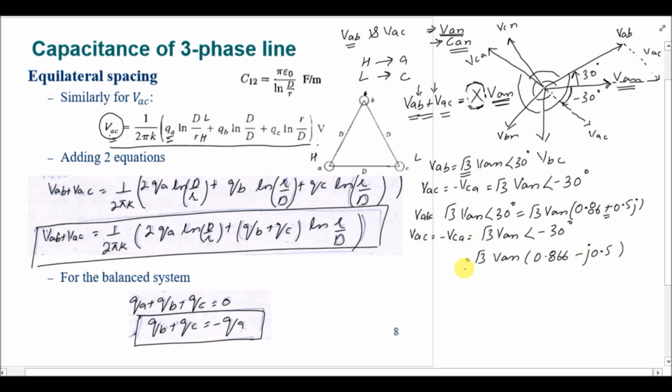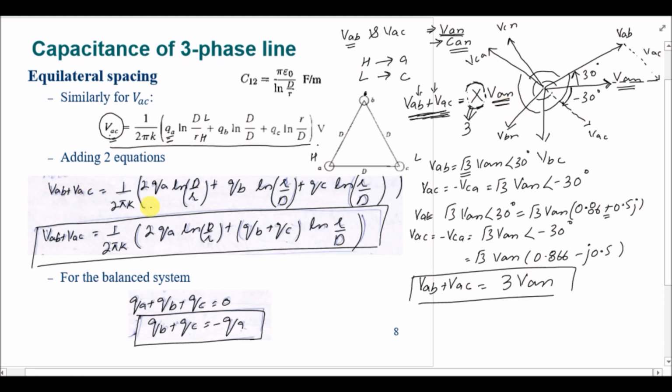And when you will add these two values, you will get VAB plus VAC equal to 3 VAN. So this X is actually equal to 3. So when you will add these two line to line voltages, the value will be equal to 3 into line to neutral voltage VAN.